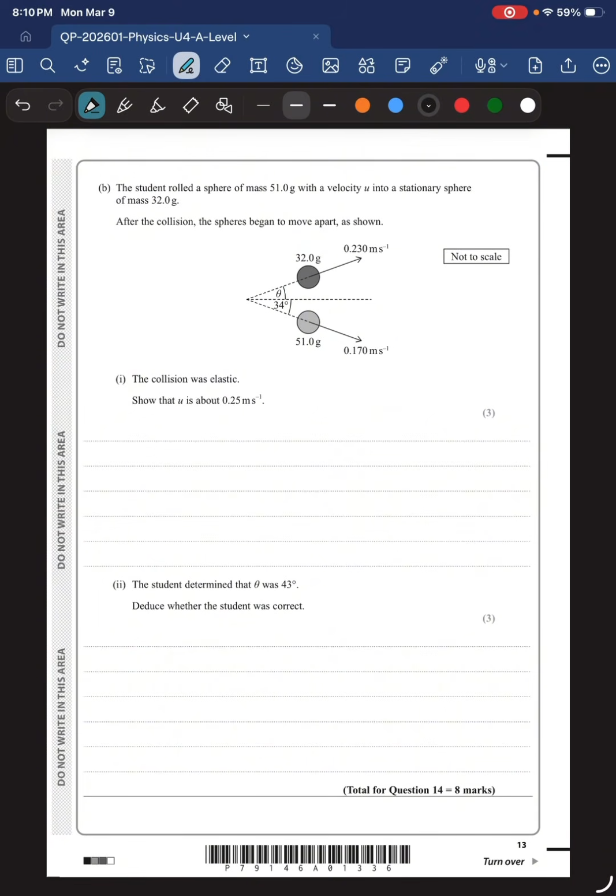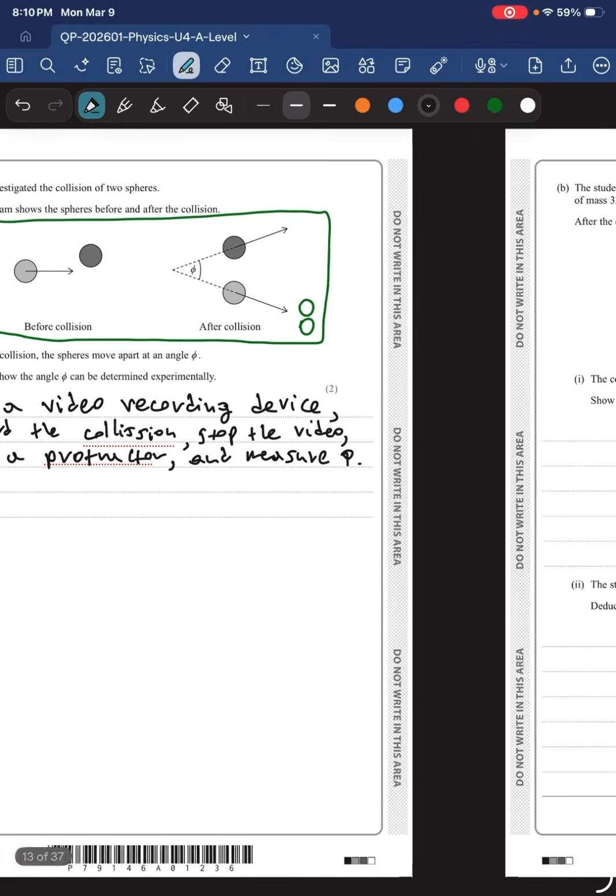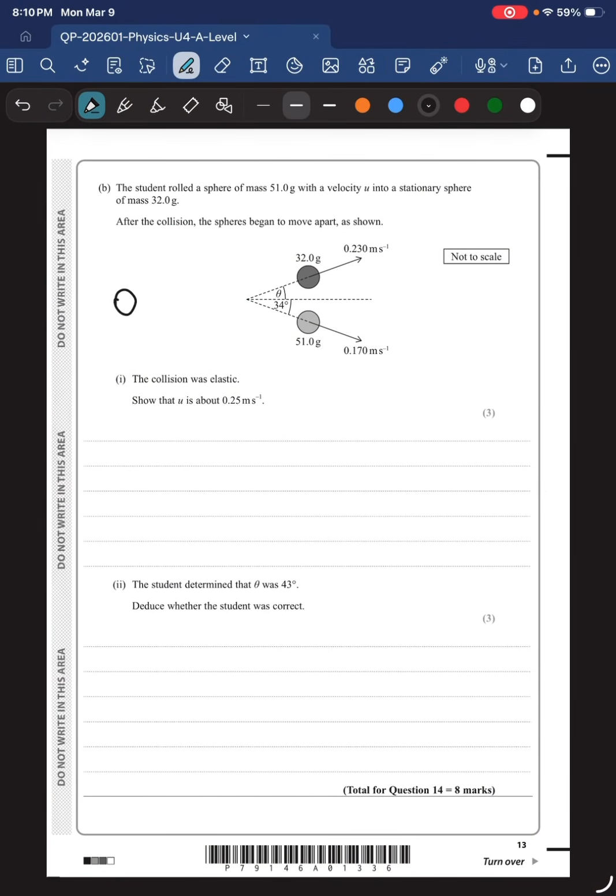So the situation is that you have your 51 grams, and it moves with velocity u. After the collision, you have the component of this velocity, which we will draw here: 0.23 cosine theta.